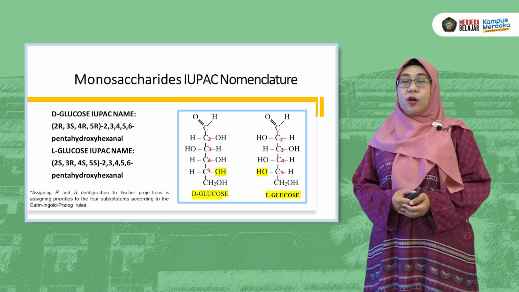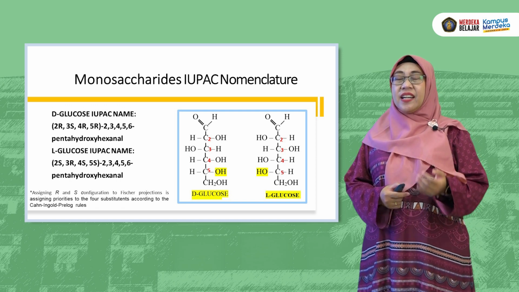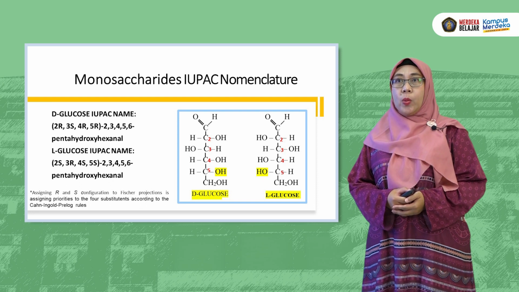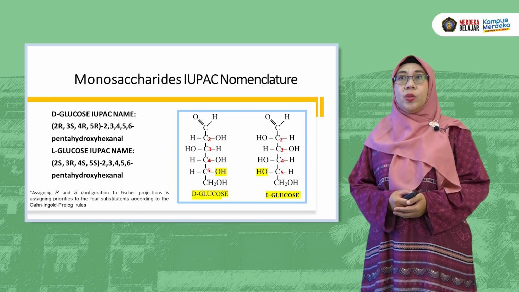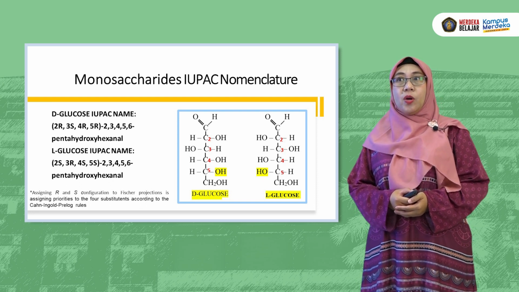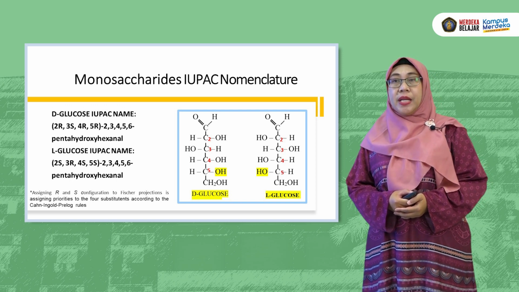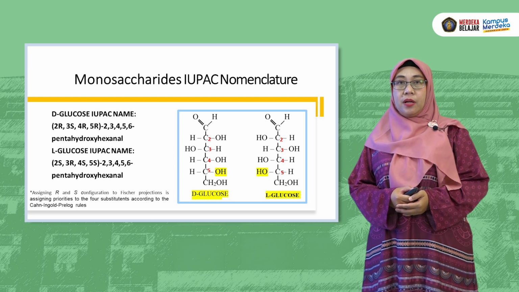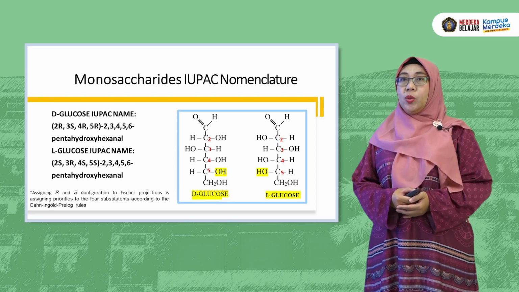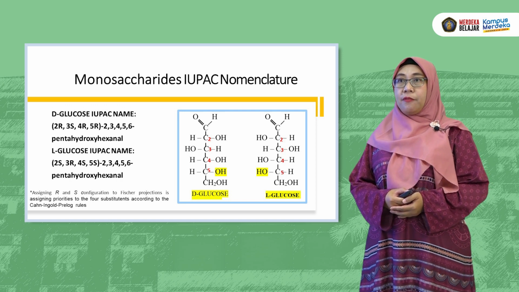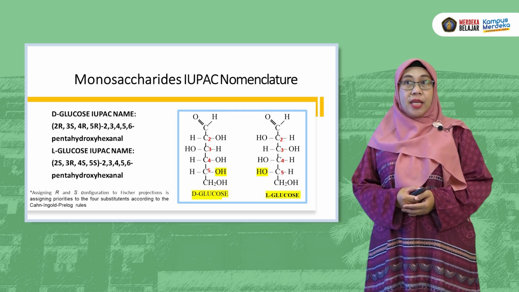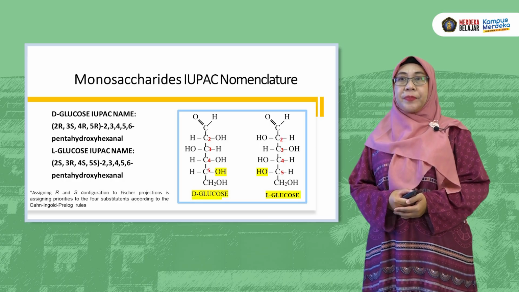But the convention of D and L sugars has stuck around and remains that way. However, you need to learn monosaccharide IUPAC nomenclature. If the sugars are aldehydes, the nomenclature is based on aldehyde nomenclature. For example, for glucose, the IUPAC name is (2R,3S,4R,5R)-2,3,4,5,6-pentahydroxyhexanal.